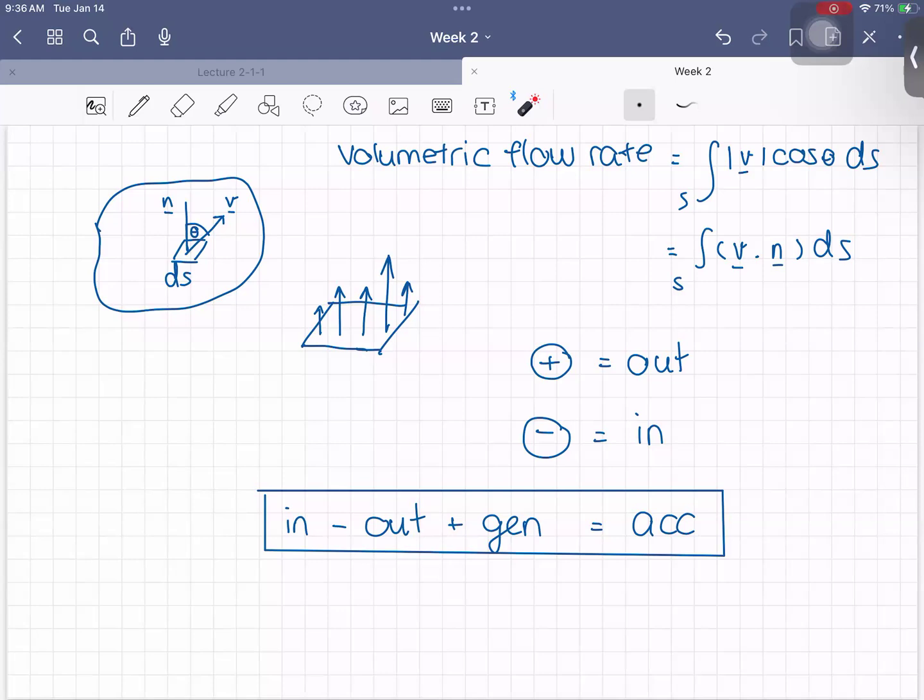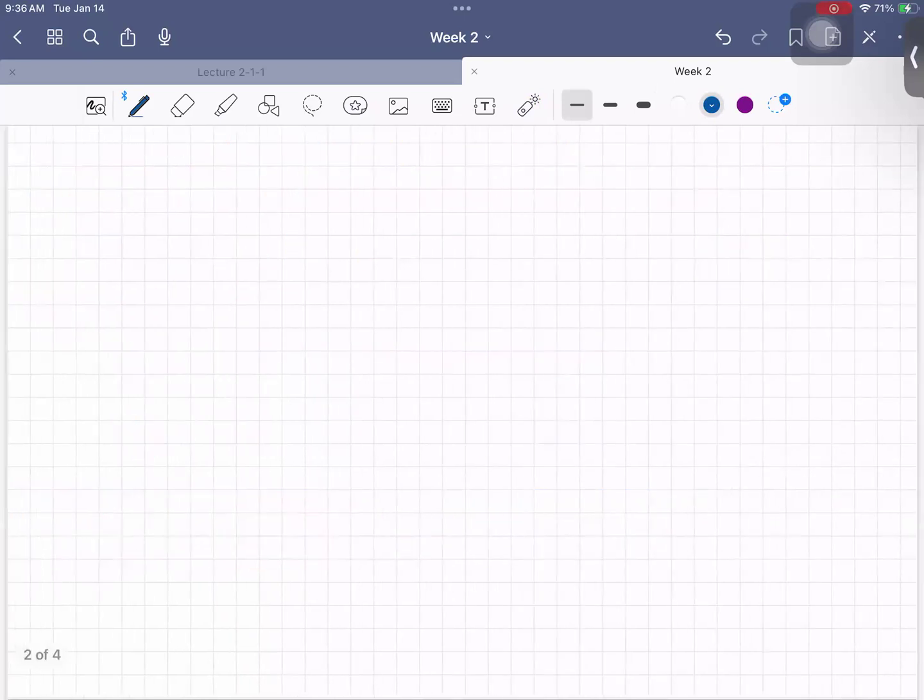So before I move on to deriving the conservation equation right here, we are going to understand the time derivative first, because there are three different types of time derivatives that are going to be involved in this conservation equation, okay? So in terms of the time derivatives, there are three types.